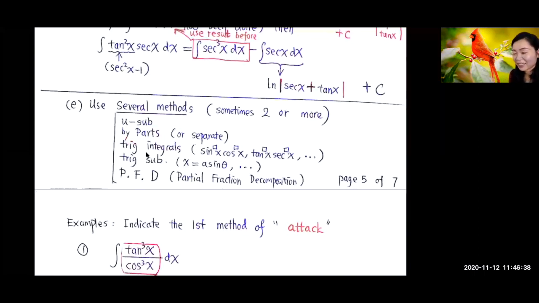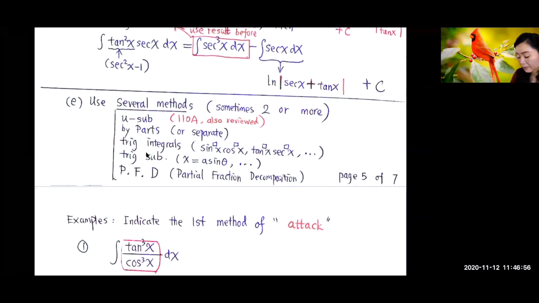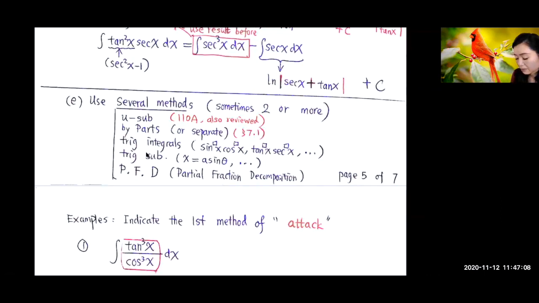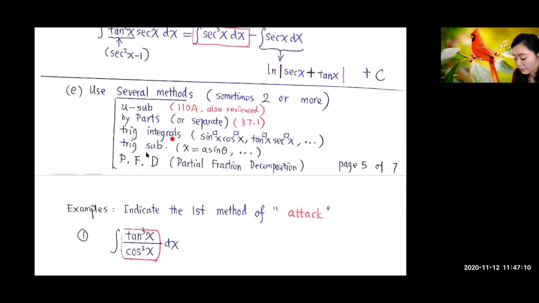U-sub was 110A, okay? So u-sub over here is in 110A, but we also did a review, okay? And by parts, or separate them, okay? This is 7.1. And then we did trig integrals, which is sine times cosine, tangent times secant, etc. This is, I think, 7.2.